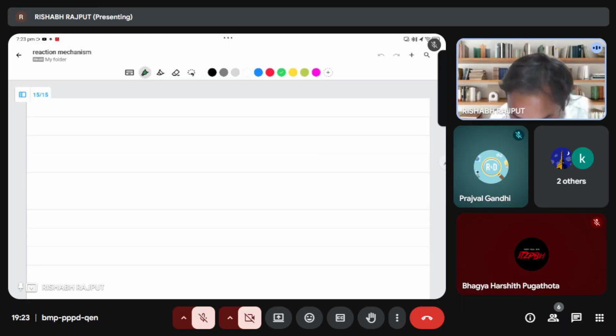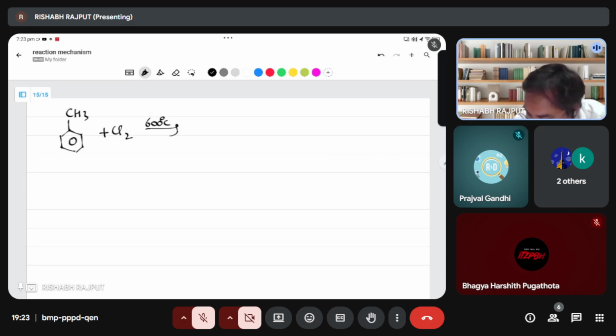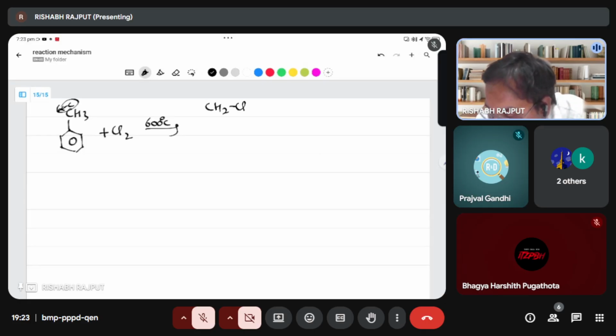Suppose that you have CH3, toluene you can say, plus Cl2 at 600 degrees Celsius temperature. So here you will get the same result, because this carbon is an alpha carbon. Here C6H5CH2Cl will form plus HCl, in the presence of high temperature.